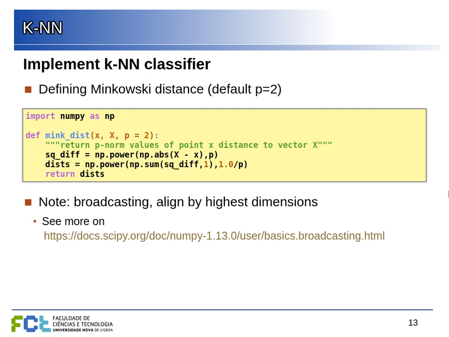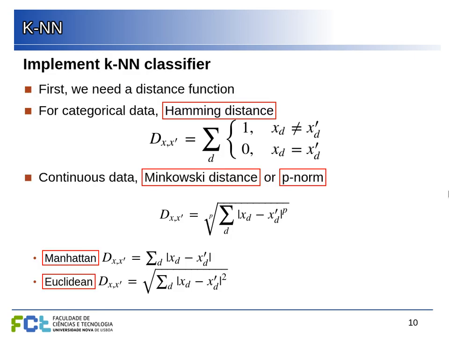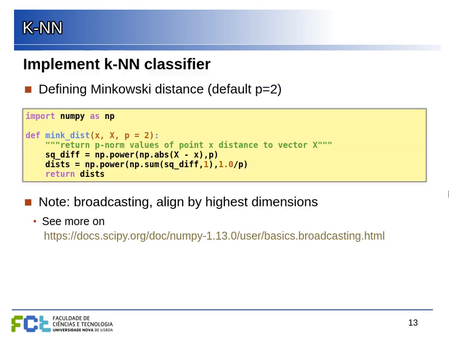So this large X is a matrix of all the data sets, of all the data points that we have. The small x is one point for which we want to measure all the distance. And then we have this p-value for the Minkowski distance here that tells us what kind of distance measure we are using, and it has a default value of 2, which means that we don't need to give that argument when we are calling the function, because if we omit it, it's used with a value of 2.